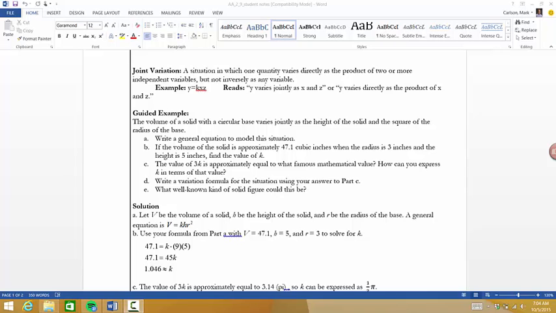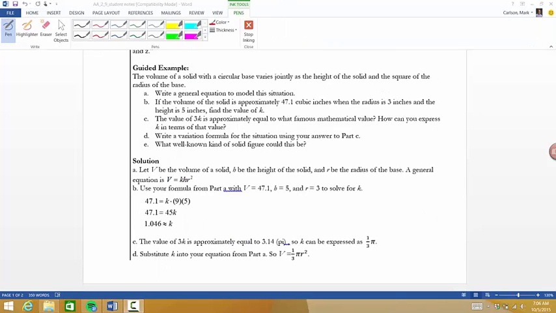So this example of y equals kxz, x and z are independent variables, y is dependent, and we could say that y varies jointly as x and z, or we could say y varies directly as the product of x and z.